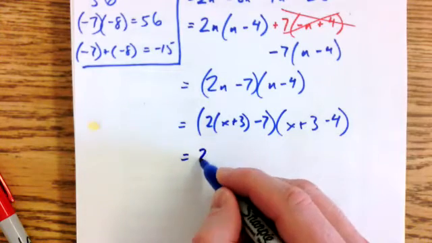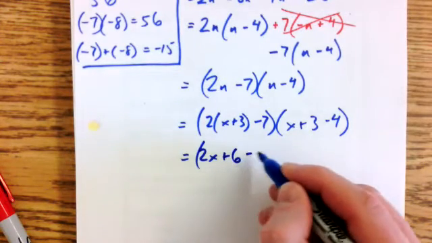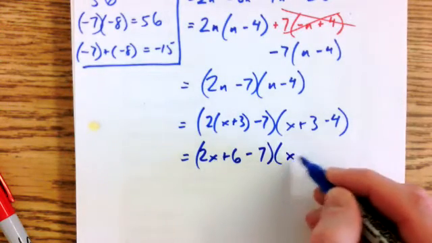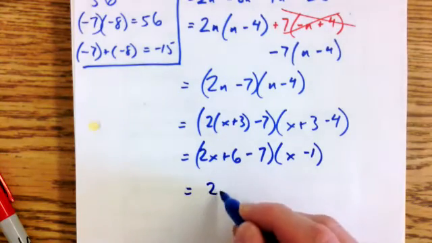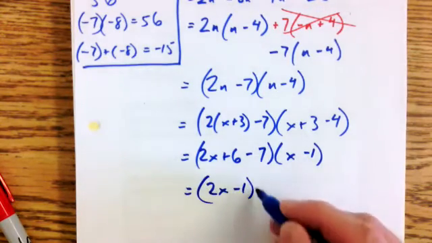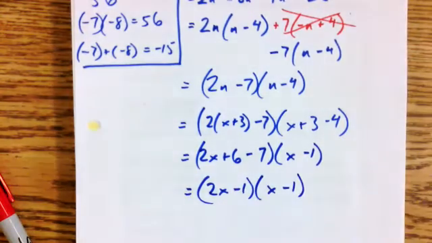Simplify: 2x plus 6 minus 7 times x minus 1. 2x minus 1 times x minus 1. Cool.